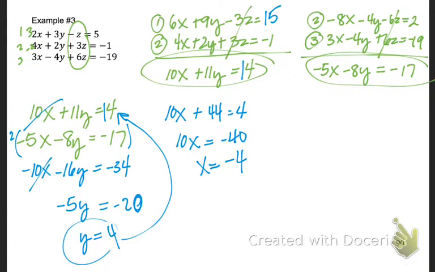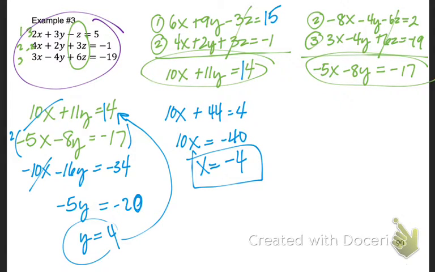So you see, you got to be very organized with this. Make sure that whenever you're multiplying in the beginning, that you multiply everything, even the right side, even the answer. So then I have x and y, and I'm solving for z, so I can choose any of the equations up here.